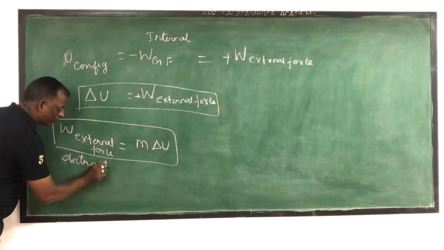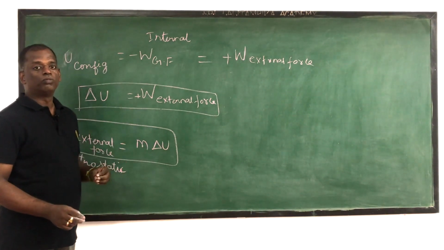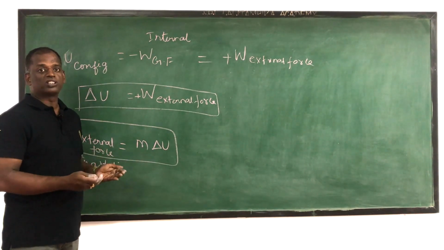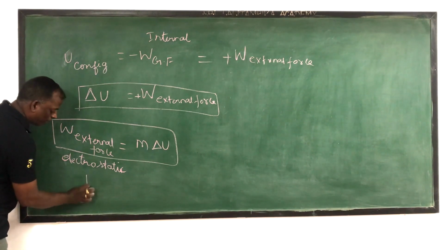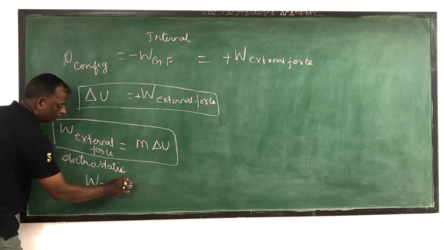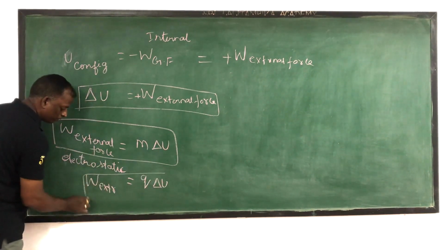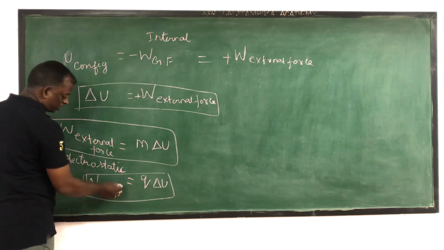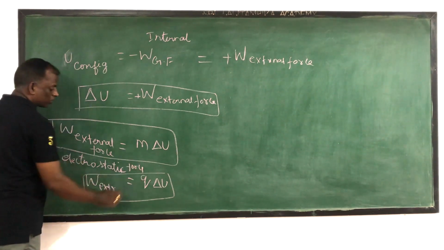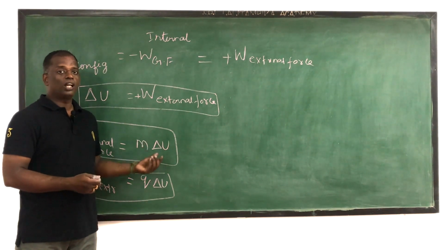Most of this lesson comes in 12th, where the first lesson is delayed for the second lesson. We are putting many videos related to gravitation because it is all easy to understand as in electrostatics. So work done by the external force is equal to Q into delta U, in terms of the electrostatic force of attraction. This is how the external force is linked with potential energy.